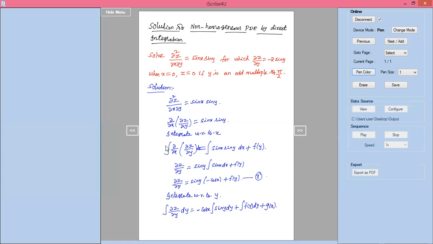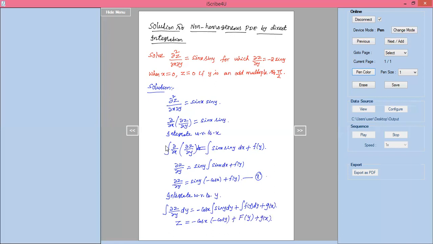Now, integration of dou z by dou y into dy is z equal to minus cos x times integration of sin y dy, which is minus cos y, plus integration of f of y dy, which is capital F of y, plus g of x.